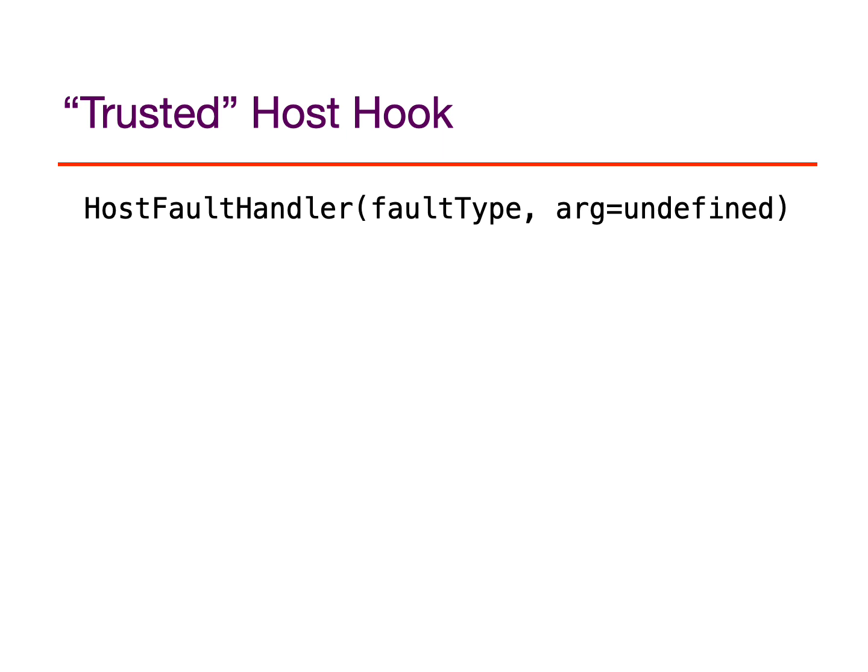And the host hook, we're generalizing it from just out of memory and out of stack to a bunch of different faults, where we provide the host with the fault type and an argument that can provide additional information per fault type. So in order to make sense of this, we need a taxonomy of fault types.